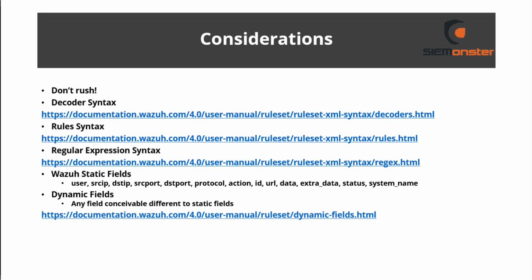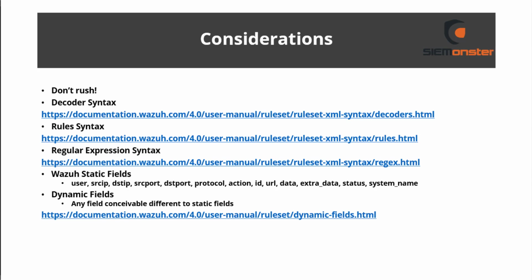Something else to note is Wazuh has historically had a number of static fields. So these were fields that you would use to extract data into. You would map your log data and you would decide what parts of the log would go into one of these static fields. That being said, the static fields are still available, but the new approach is to use dynamic fields.